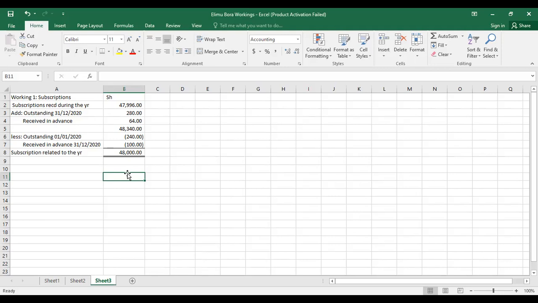Yeah, so I have the stock of medicine. Let me call this working two. So we are looking for the medicines consumed, right?